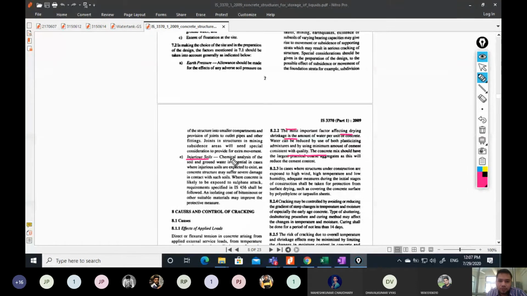Chemical analysis of the soil and groundwater is essential in cases where injurious soils are expected to exist. This has to be checked from the geotechnical reports, as the concrete structure may suffer severe damage in contact with such soil. Such injurious soils can harm the concrete, due to which the structure can get damaged.